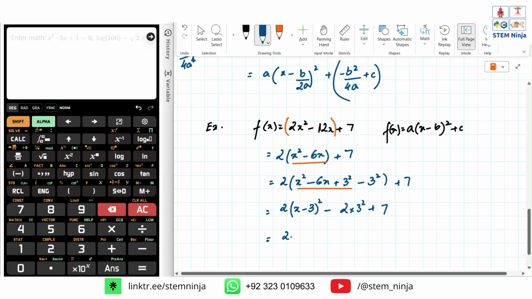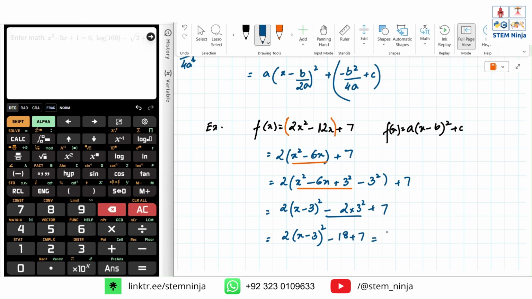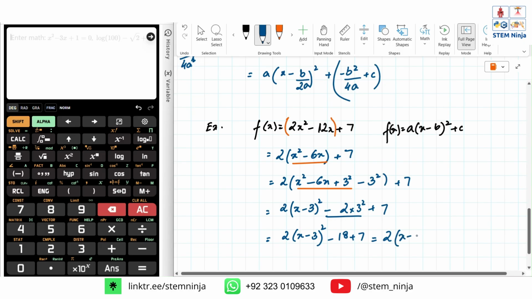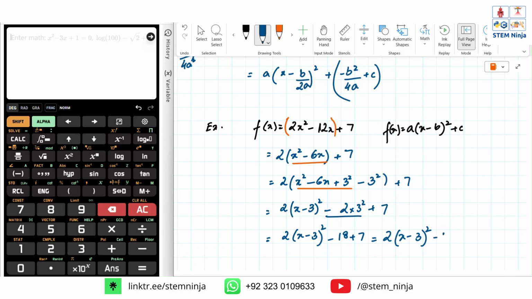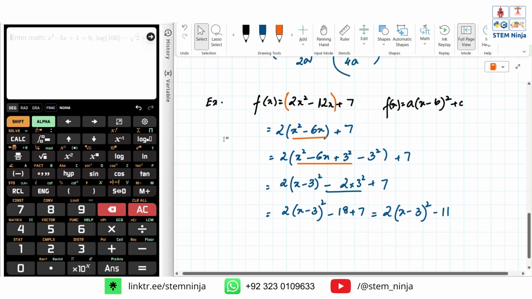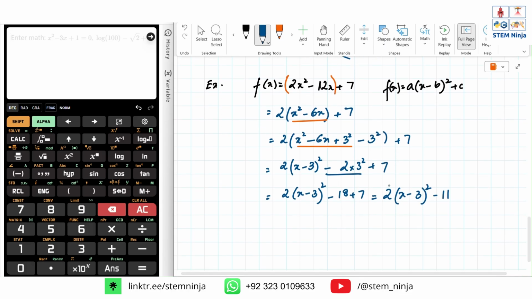This will become 2(x minus 3) whole squared minus 2 times 9 is 18, plus 7, simplifying to 2(x minus 3) whole squared minus 18 plus 7, that is minus 11. So this would be the form that we are looking for.